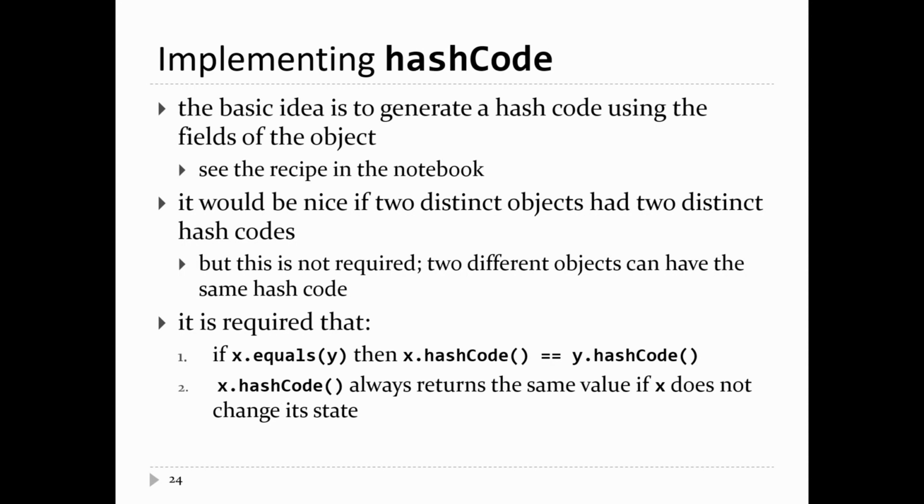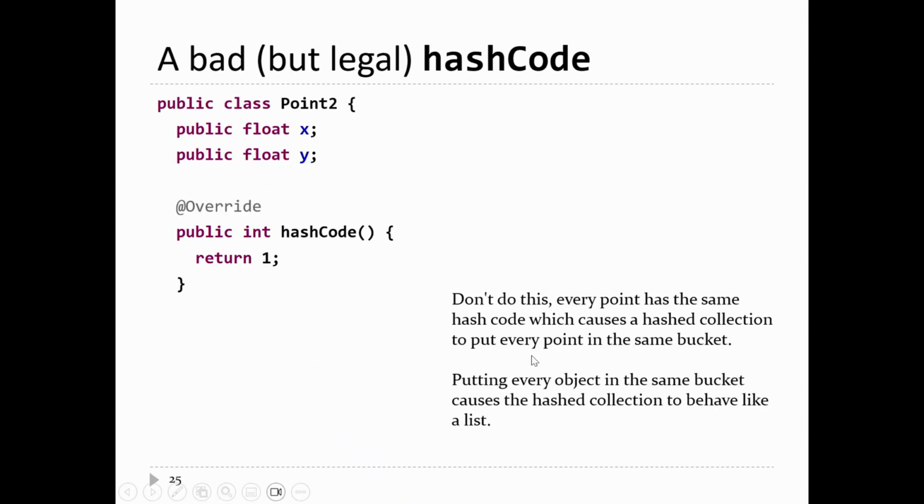It can't return a random value, because that means the hash table would put the thing into a random bucket every time. When it goes to search for the object, there's a low probability that it looks in the right bucket. So these two things must be true for your version of hashCode. The first one is the tricky part: if two things are equal, then their hash codes must be equal.